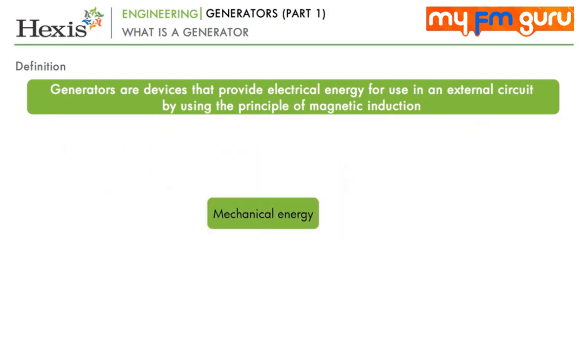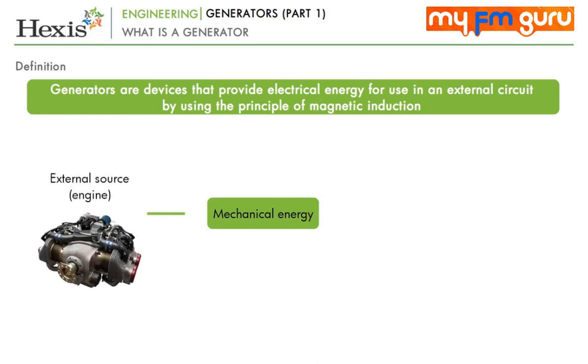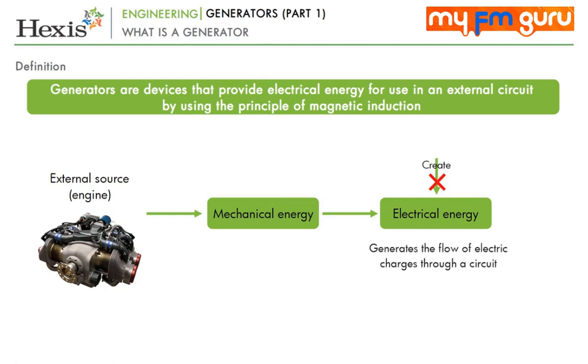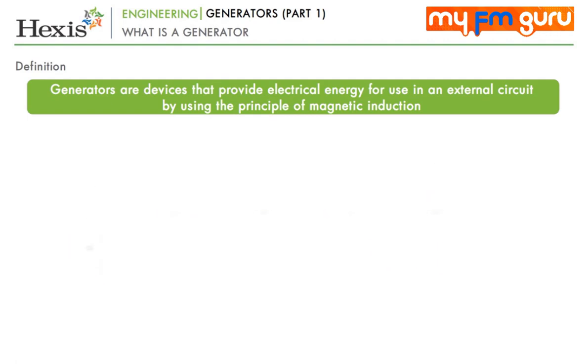Since mechanical energy here is obtained from an external source, that is engine, and the electrical energy is the output, therefore, it is important to understand a generator does not create electrical energy but facilitates its generation by the flow of electric charges through a circuit.